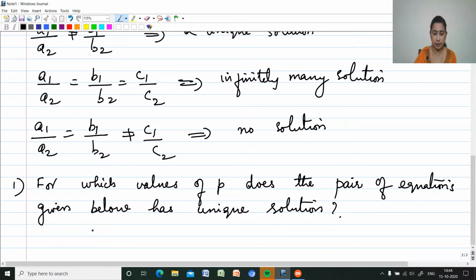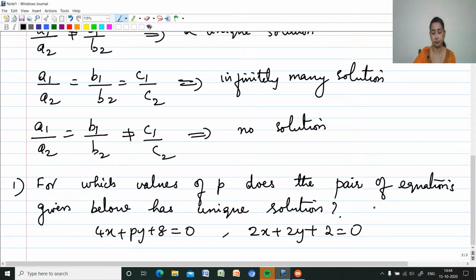The equations are 4x plus py plus 8 equal to 0, and 2x plus 2y plus 2 equal to 0. We have to find the values of p by comparing a1 by a2, b1 by b2 and c1 by c2.